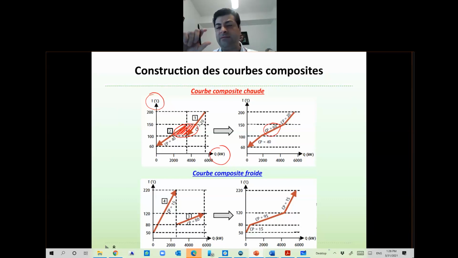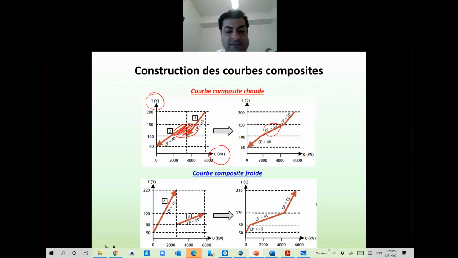Okay, for that range of temperature, from 150 to 100, for example. So by this kind of combination of these two streams, you make only one stream that represents the two hot streams. Similarly, you can do it for cold streams.